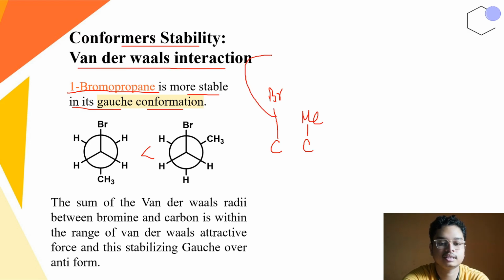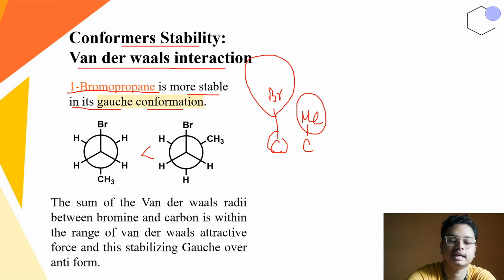The van der Waals radius of bromine is something like this, or we can say the electron density is present like this here. And the methyl electron density is something like this. So in this 1-bromopropane case, when bromine and the CH3 group are gauche to each other, you can find that there is an energy gap.